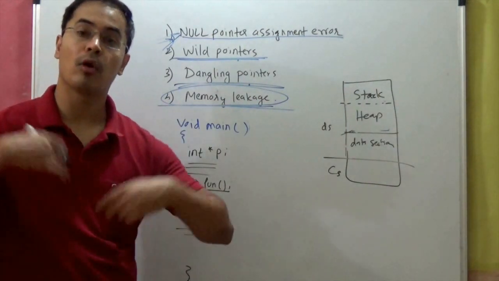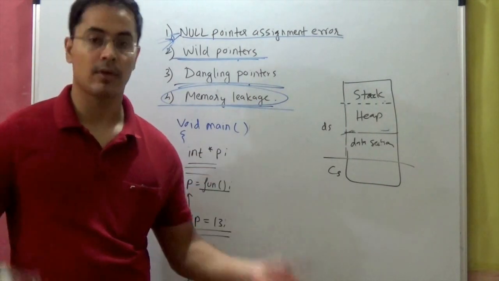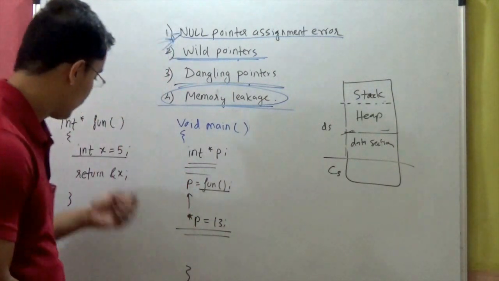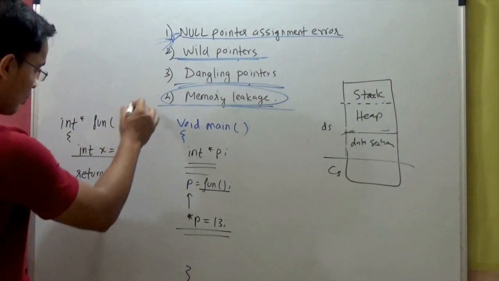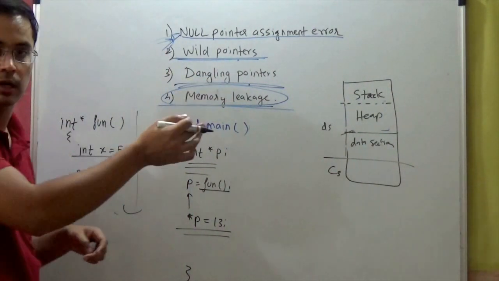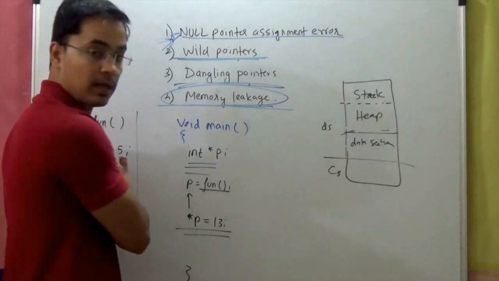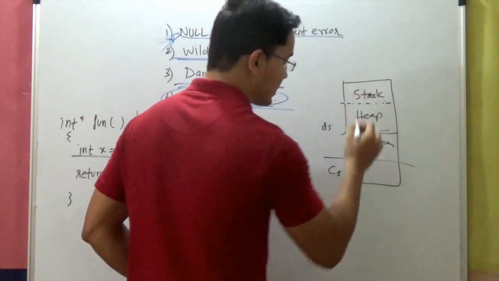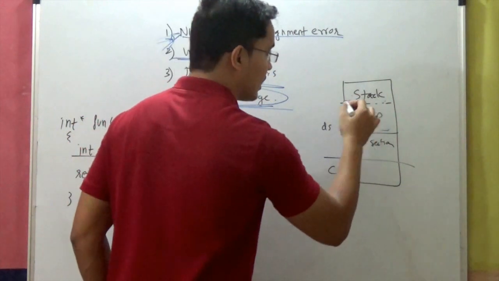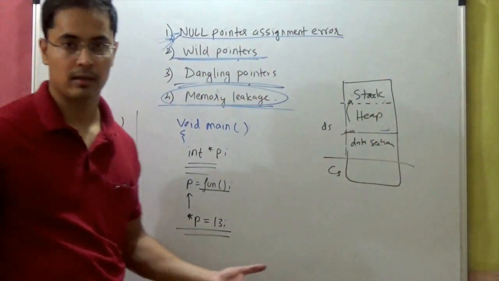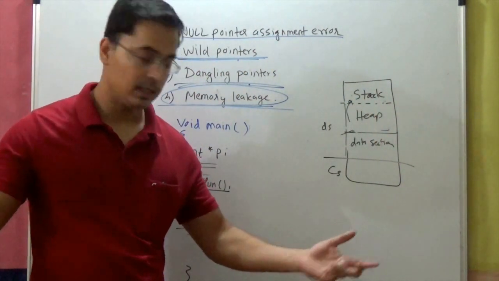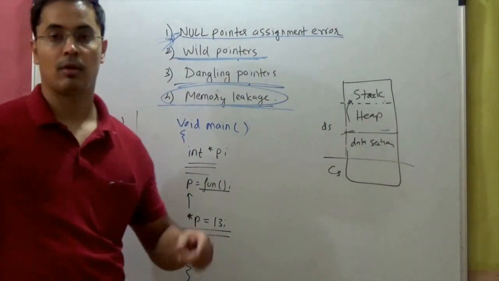You might end up overwriting the value of some other variable, right? Because once this call is done, this is deallocated. This memory could be reused either again by stack, or even heap could use that memory location if required for some other purpose, right? So that's one more example of a dangling pointer.